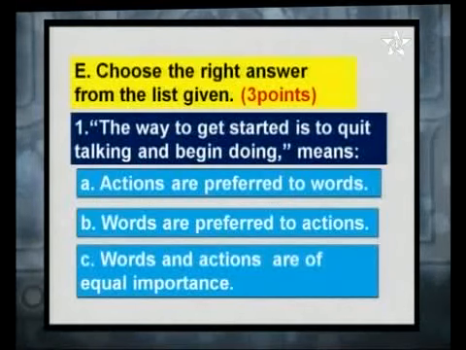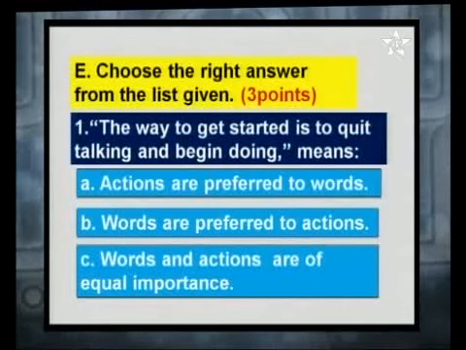And this is question E. It says, choose the right answer from the list given. Same thing, 3 points. Now that's 5 types of questions, and for each type we've got 3 points. As I told you, comprehension takes 15 points of the exam paper.